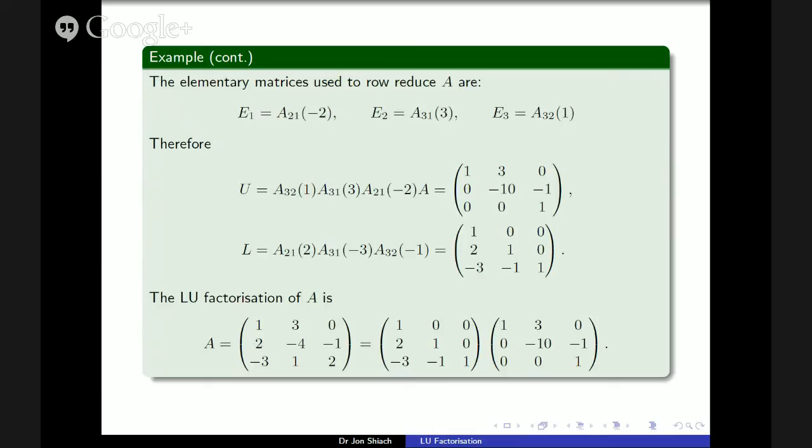The bottom row is going to be 5 over 2 times 2 plus 1 times 0, which is 5, and 5 over 2 times 3, which is 15 over 2, minus 17 over 2, which is minus 2 over 2, which gives me minus 1. And that equals A. So that's LU factorization. Quite easy when it's a 2 by 2 because you only need one operation.